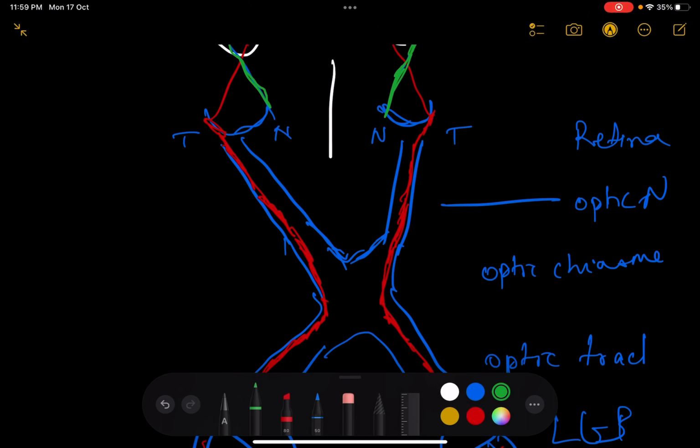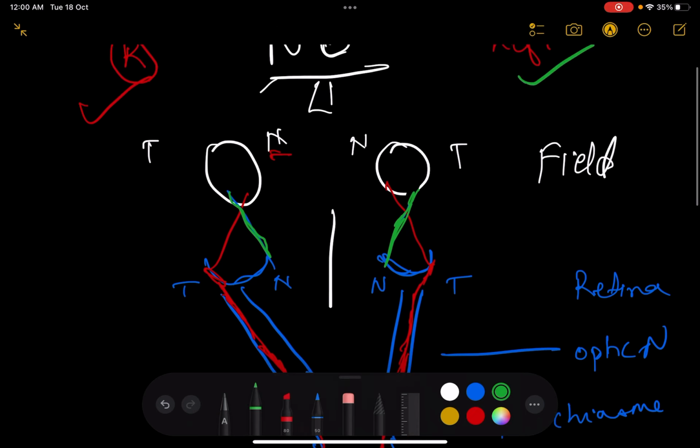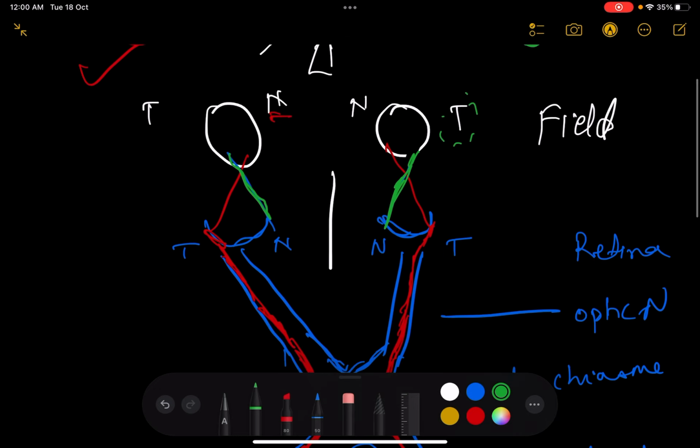Now let's talk about the temporal visual field of the left eye. The temporal visual field of the left eye projects upon the nasal retina of the left eye. Understood?